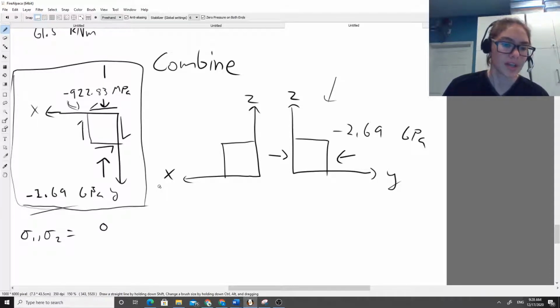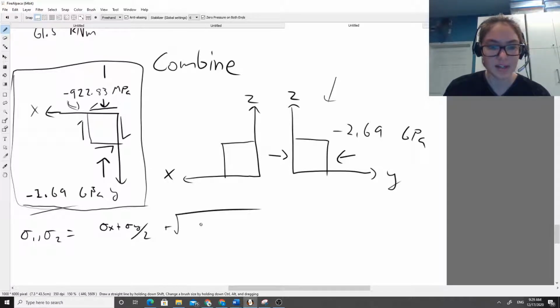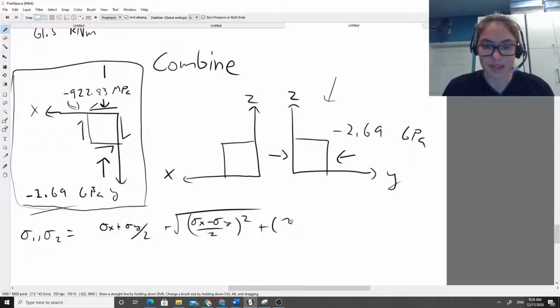So we'll go ahead, and the equation for this is going to be equal to stress x plus stress y divided by 2 plus or minus the radical of stress x minus stress y divided by 2 squared plus tau xy squared.